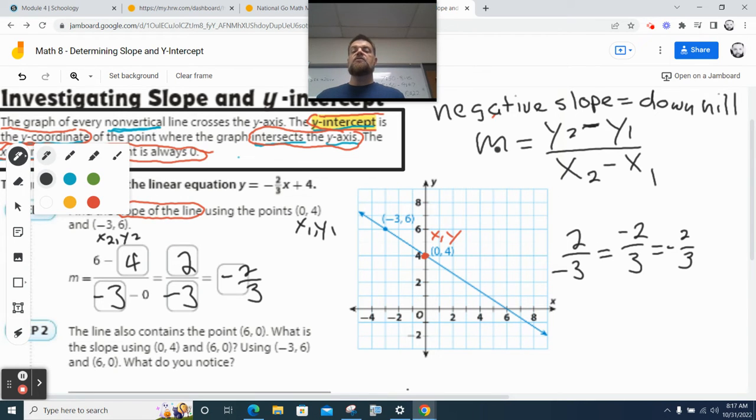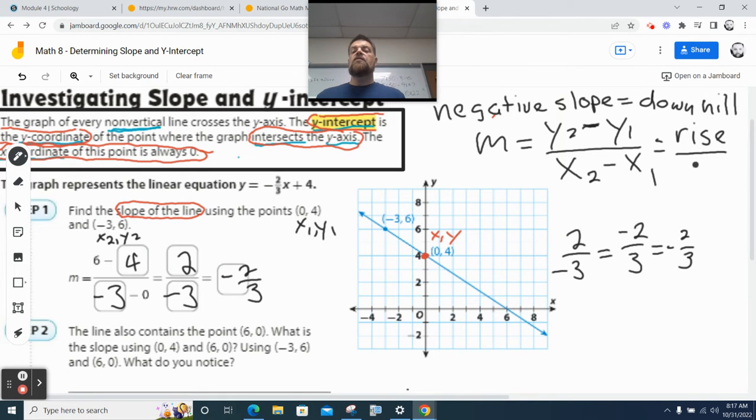Remember that the slope gets us from one point on the line to the other point. And also remember that this represents the rise over the run. So which one of these do you want to use for this example? If you want to use this slope, hold up number 1.